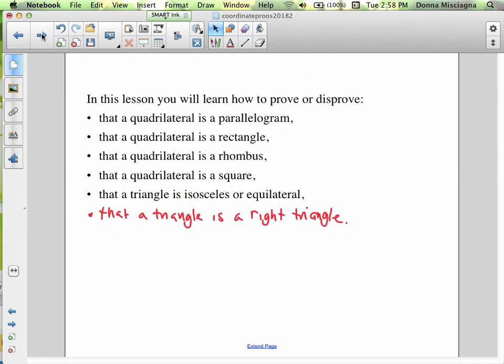So in this lesson, you'll learn how to prove or disprove that a quadrilateral is a parallelogram, that a quadrilateral is a rectangle, that a quadrilateral is a rhombus, that a quadrilateral is a square, or that a triangle is isosceles or equilateral, or that a triangle is a right triangle. So you can see that some of these will definitely involve different formulas. Right? And you're not going to have to totally think of how am I going to go about doing this proof, because I'm going to show you there's only so many different ways that you can go about doing this proof.